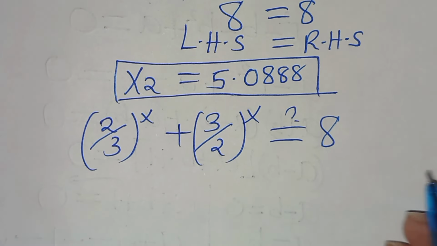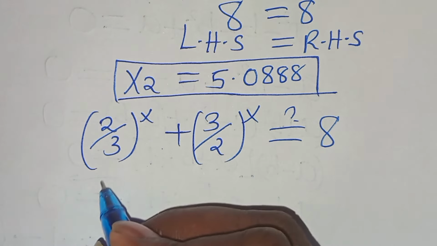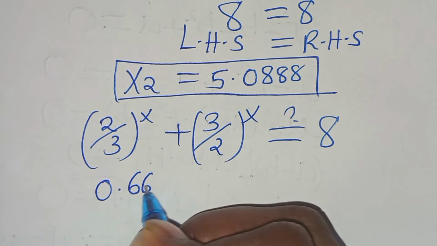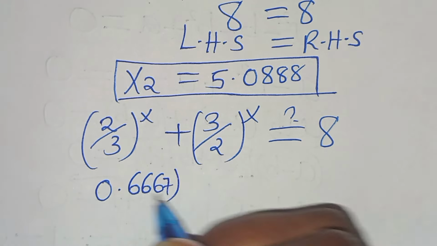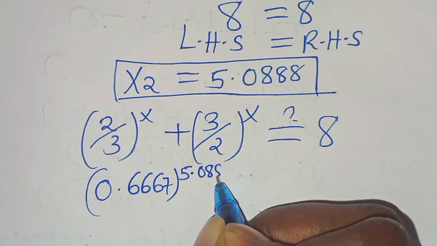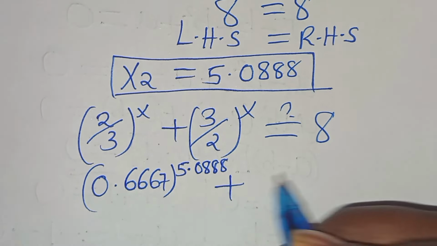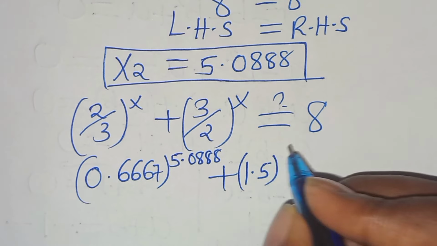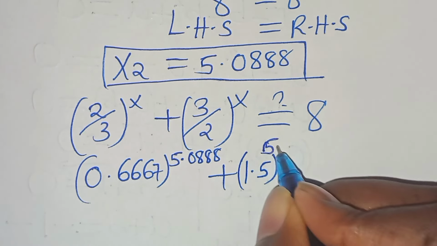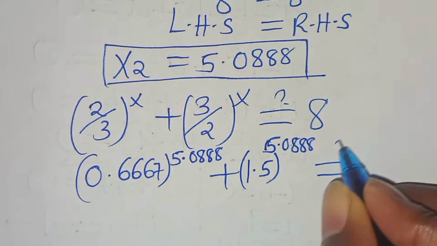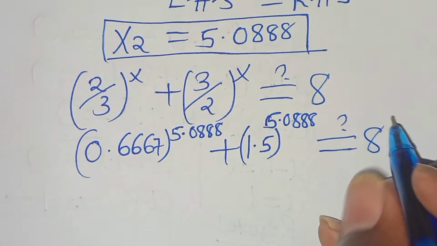Now, 2 over 3 is the same thing as 0.6667 raised to the power of 5.0888, then plus 3 over 2, which is 1.5, raised to the power of 5.0888. This should give us a value of 8.